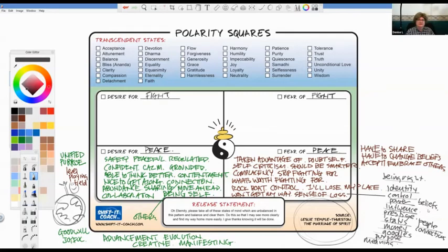Chaos. What else? Discord and division, competing values. Competition.